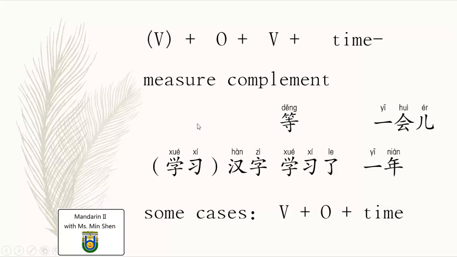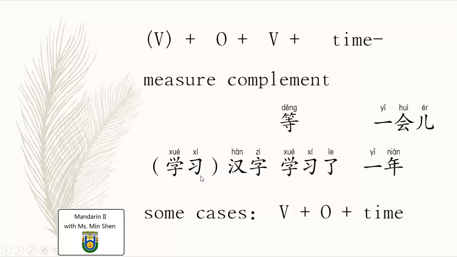等一会儿, wait a moment. And this one is the example of repeating the verb, right? Repeat it, and you can omit the original one. 学习 is the verb, 汉字 is the object, study characters.